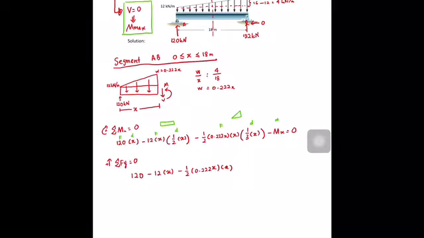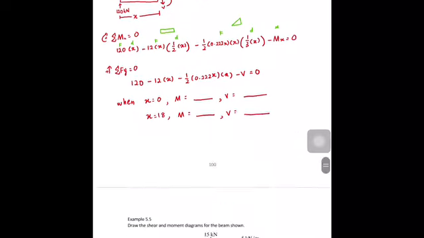That's why the note is important. It is equal to 0. Okay, then you calculate when x is equal to 0, what is your moment value and what is your V value. Then when x is equal to 18, what is your moment value and what is your V value.